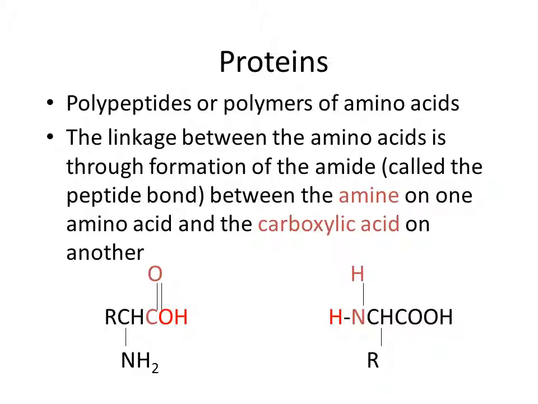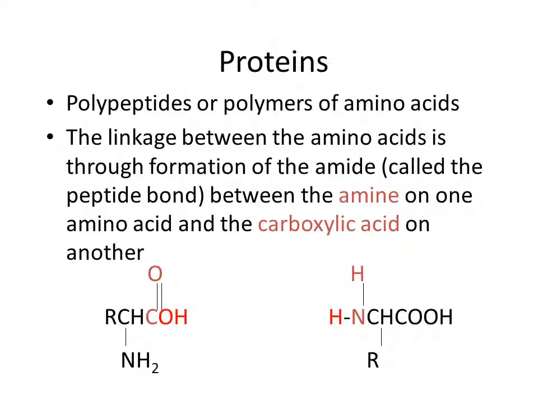The enzyme that actually causes this to occur removes water from the two. So it removes an OH from the carboxylic acid functional group and a hydrogen from the amino group, and it joins it together and forms an amide.